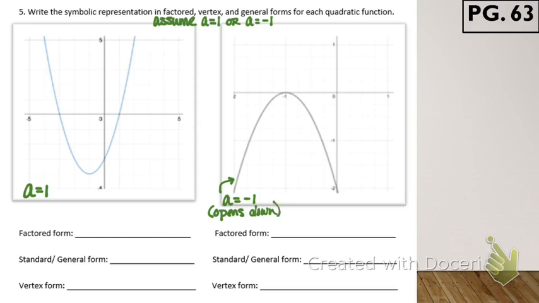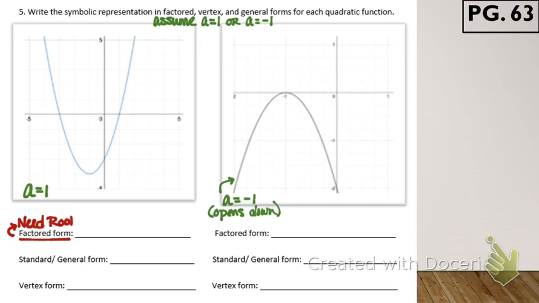We need our A value to write all 3 forms because all 3 forms have the same A in them. To write my factored form, I need to look at which feature on the graph. Not the vertex. Not for my factored form. I need my roots.